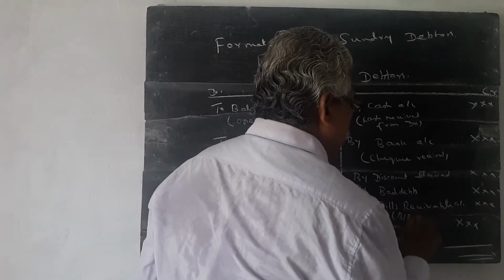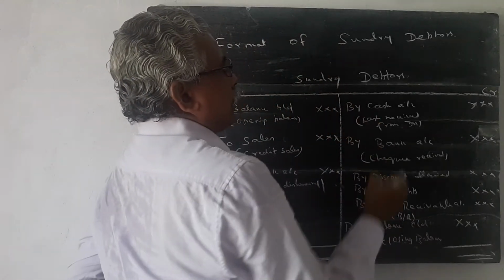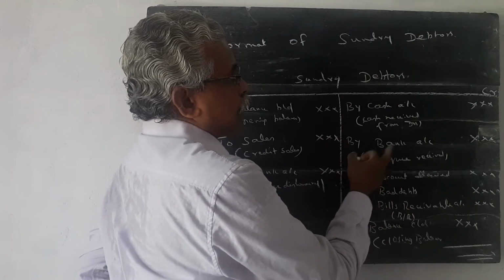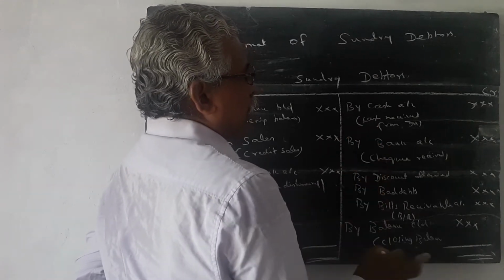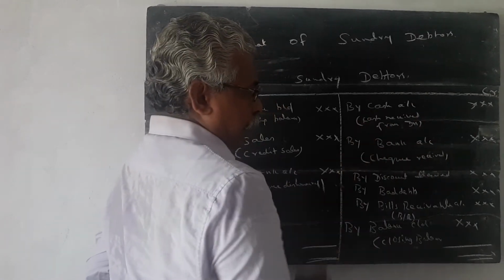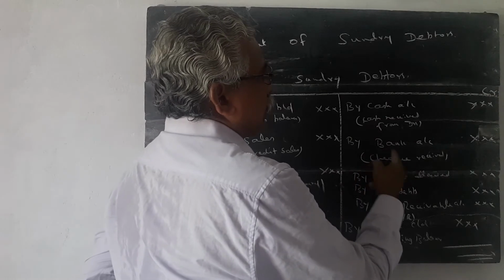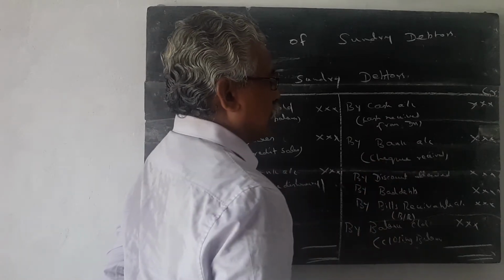Any cash received, any cheque received, any bill received, these three items are entered in the credit side.